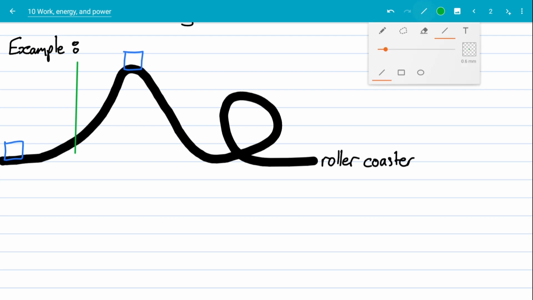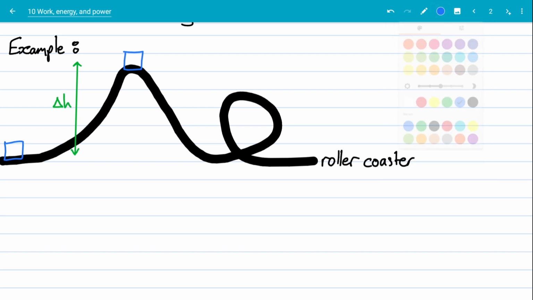There's our difference in height, like that. And so if that's our difference in height, then the energy stored in our roller coaster is going to be the gravitational potential energy, which will be m times g times delta h.